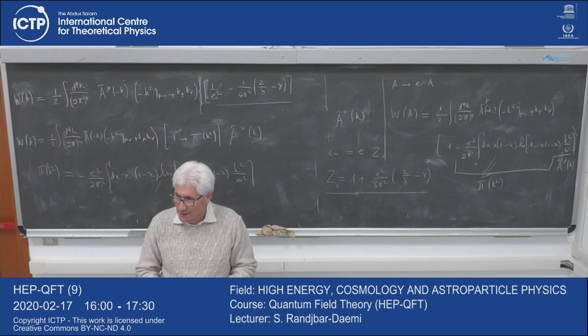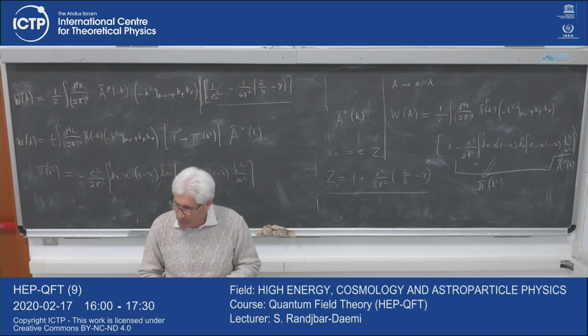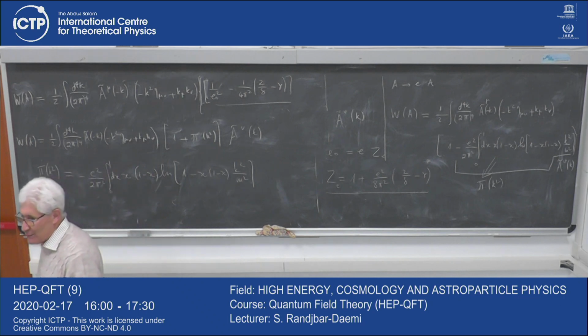Use that to obtain the determinant of the Klein-Gordon operator in the background of that field, or the determinant of the Dirac operator in the background of that field. You will discover that the determinant of the Klein-Gordon operator comes with the power of -1/2. The determinant of the Dirac operator comes with the power of +1.